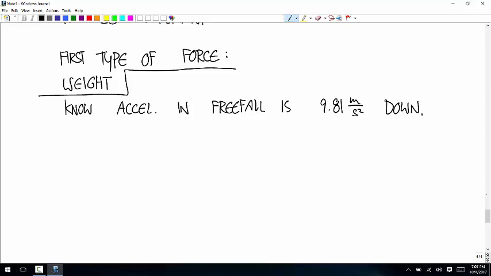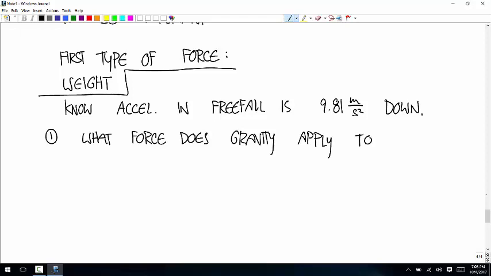Now we're going to use Newton's second law and what we know about the acceleration of something in free fall to figure out what force gravity applies to a 1 kilogram object in free fall.